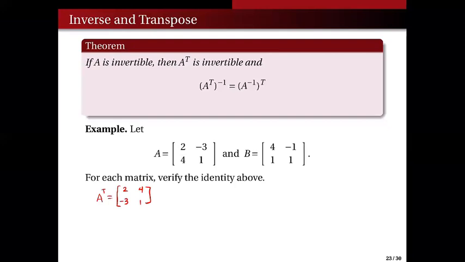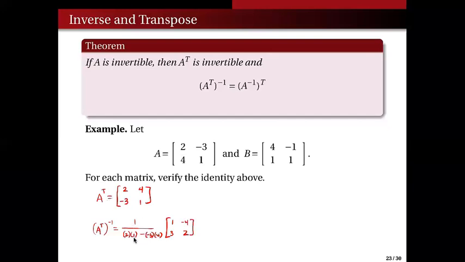Then let's get the inverse of this. So A transpose inverse is 1 over 2 times 1 minus -3 times 4. And then here, we interchange 2 and 1, so this becomes 1, 2. Then we negate, so this becomes +3 and -4.